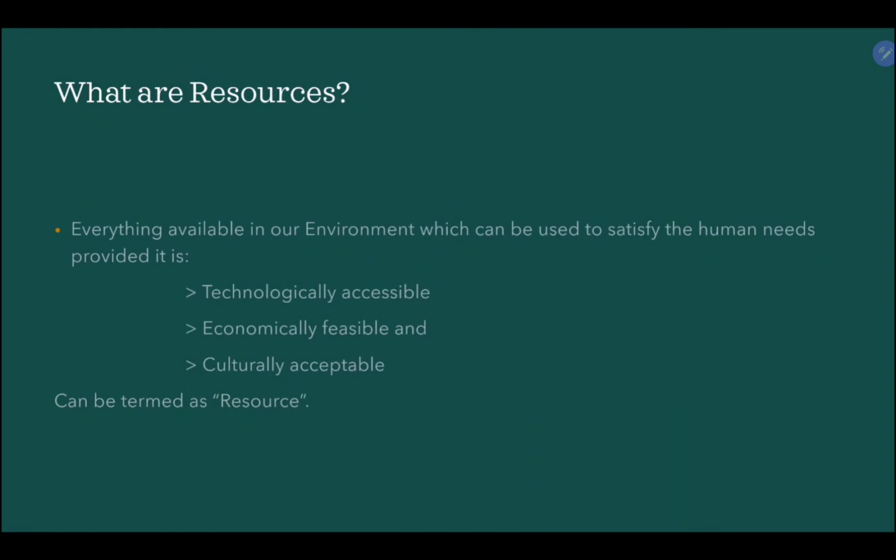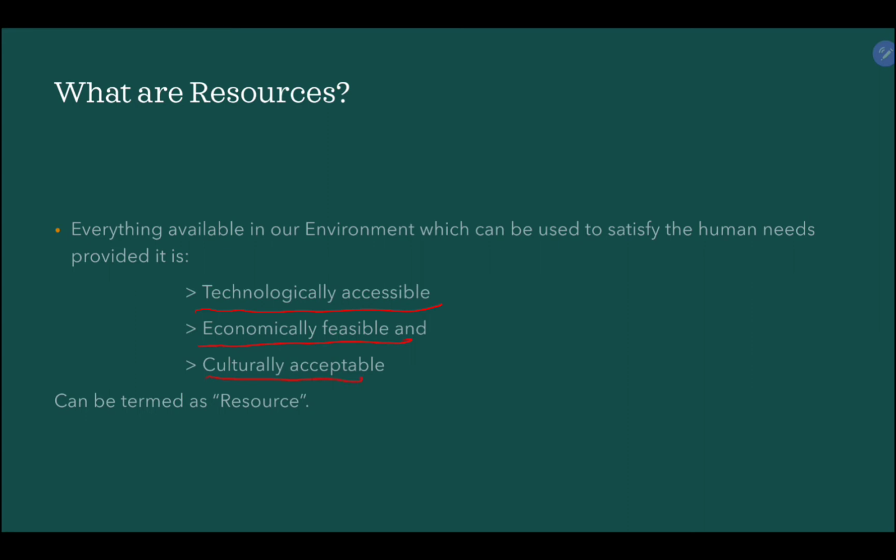So a resource: whatever you see in the world, in the environment, anything or everything is called a resource. But there are some conditions: it should satisfy human needs, provided it is technologically accessible, economically feasible, and culturally acceptable.